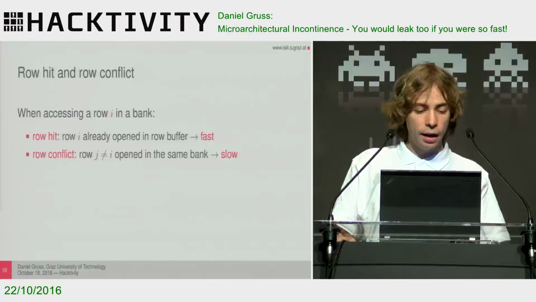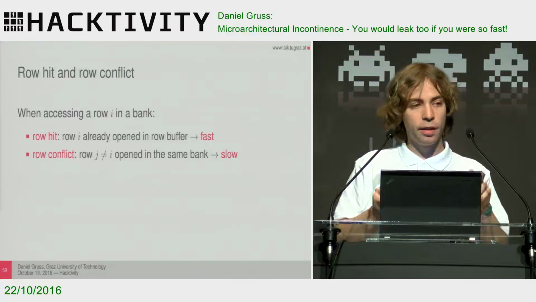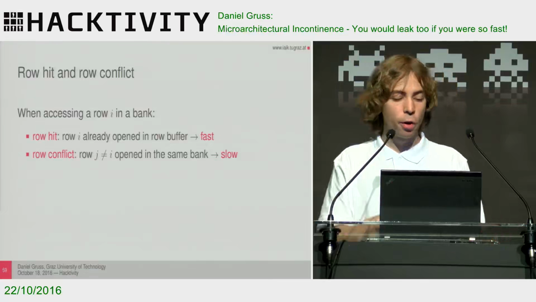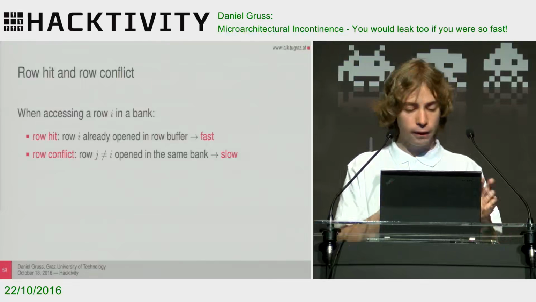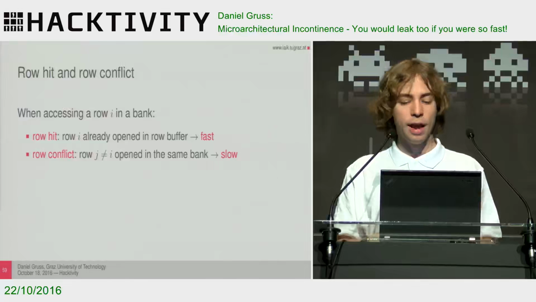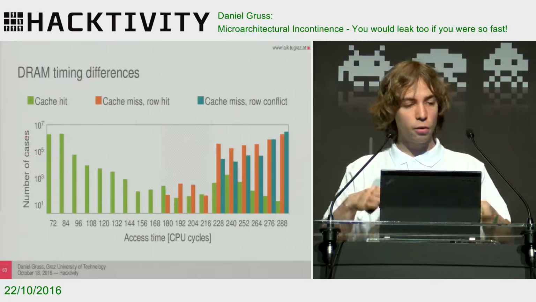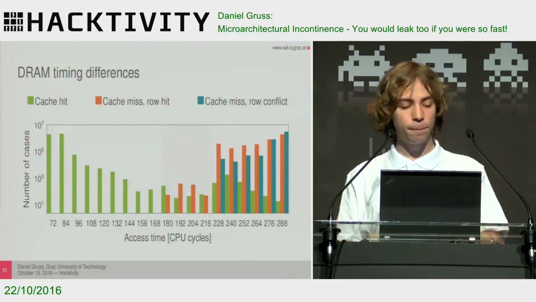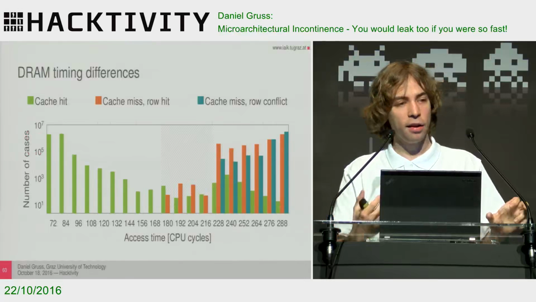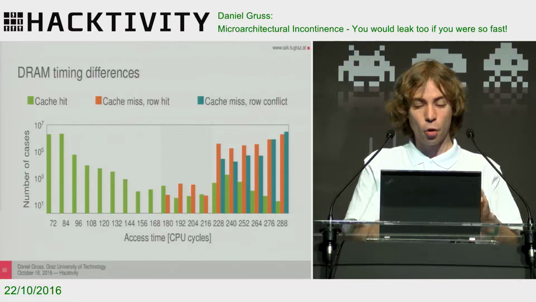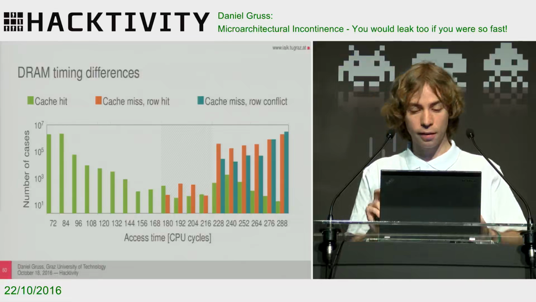Basically, if the row was already opened, we say it's a row hit, similar to a cache hit, and if the row was not opened, we say it's a row conflict, similar to a cache miss. And if we look at the timing here, I have added to the histogram that I showed in the beginning. There you saw cache hits and cache misses. Now I have divided cache misses into two categories, row hits and row conflicts.